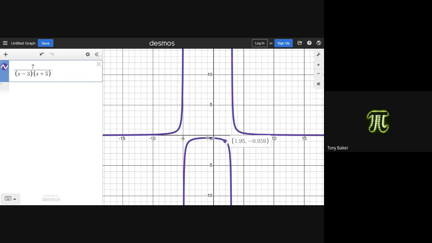And 2, -1 is one of the points. So that's my answer. So it's really using the things that you know about it to work out the problem.